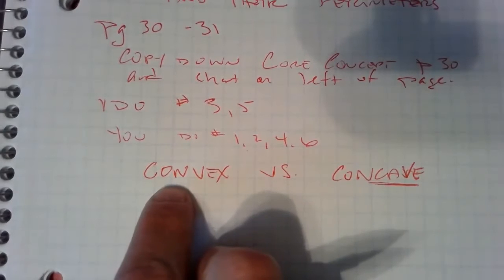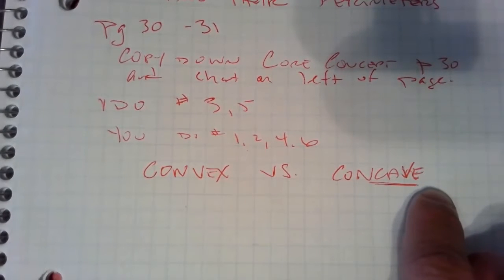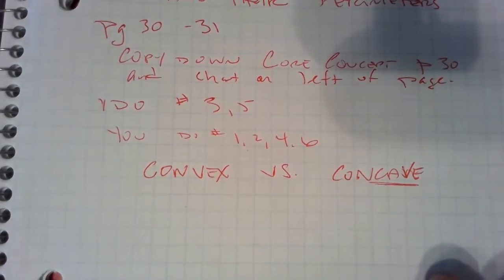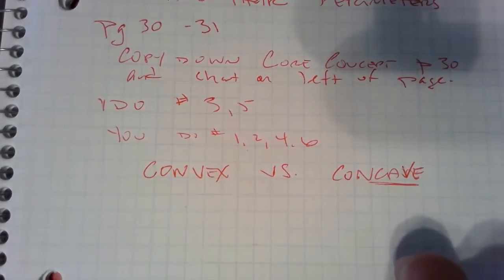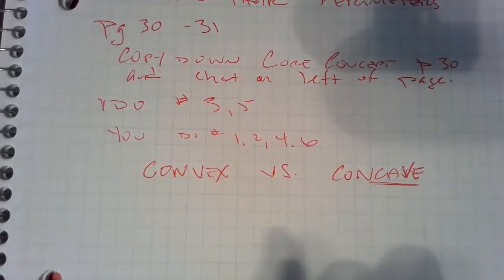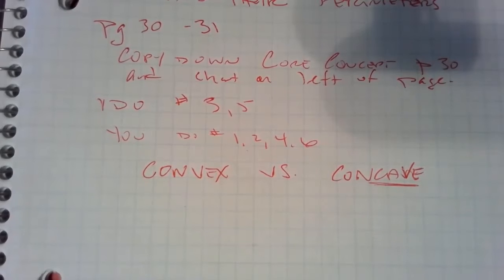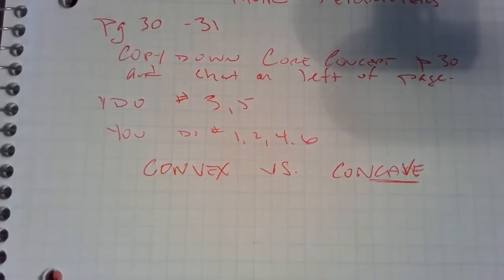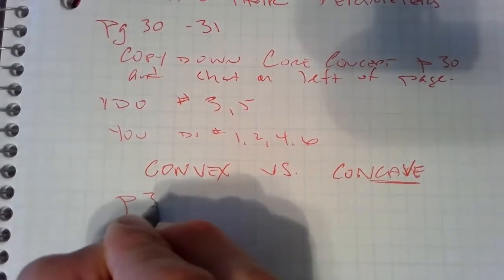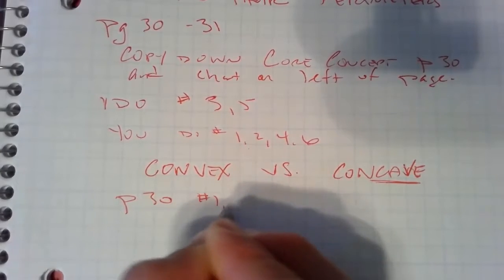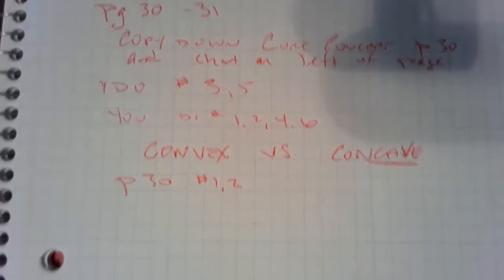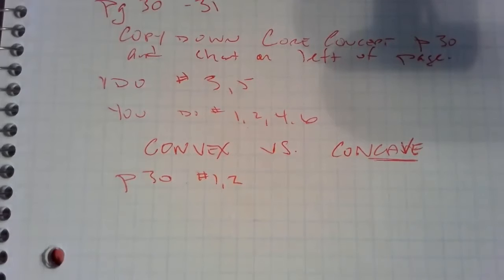Convex polygons don't. So in other words, if there's a side of the polygon that's caved inward, could be any side, then it's concave. Otherwise, it's convex, okay? Now, you should go ahead and on page 30, do numbers 1 and 2, and then answer them on Edpuzzle, okay?